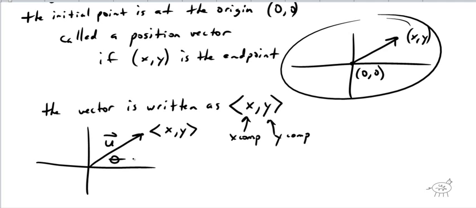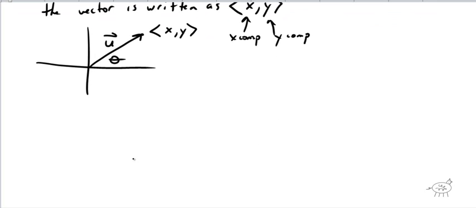That's the direction angle. Let's talk about those two different things. Using this picture, we have the magnitude of u. Magnitude, of course, is length. We can write that using our little notation.